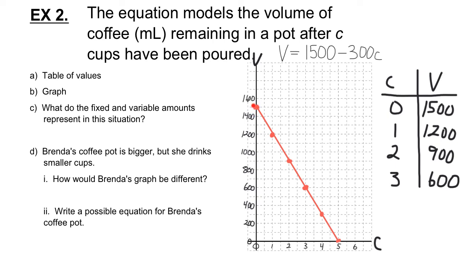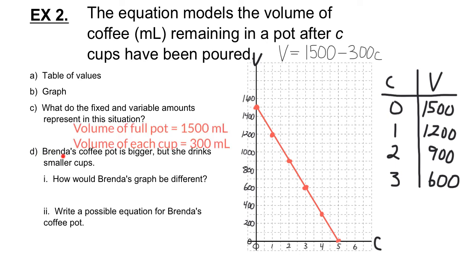So that really just means the coffee pot can hold 1,500 milliliters of coffee. And this part here, the minus 300C, that just means we're decreasing by 300 milliliters for every cup of coffee. So that means each cup of coffee is 300 milliliters.